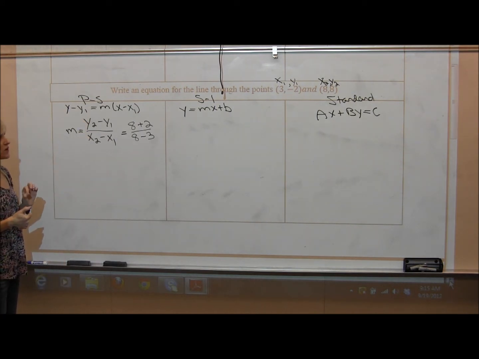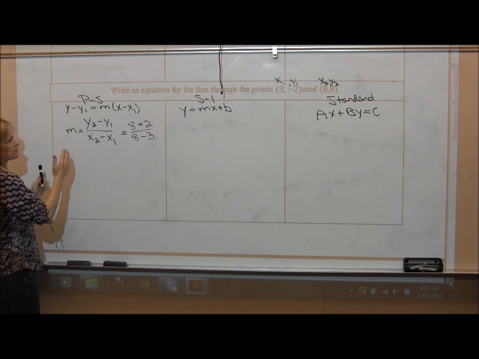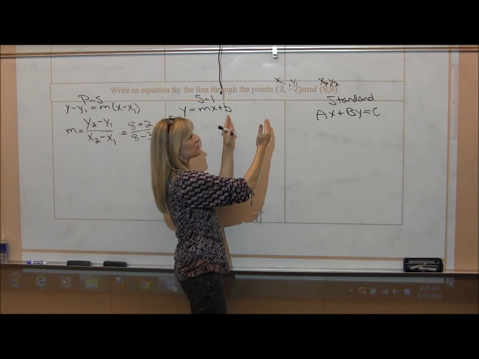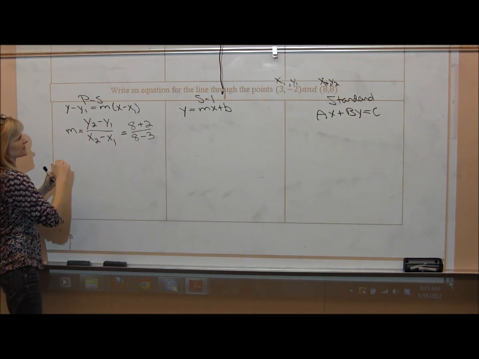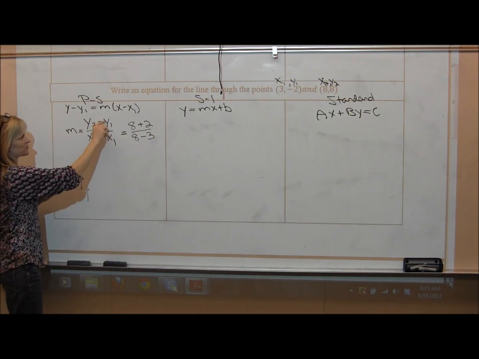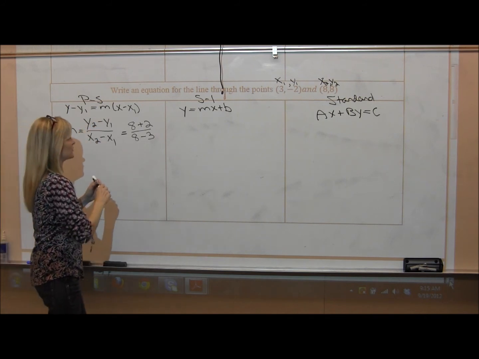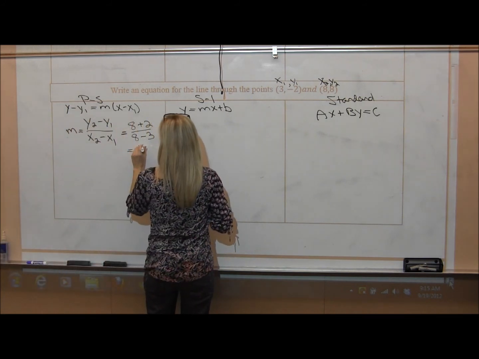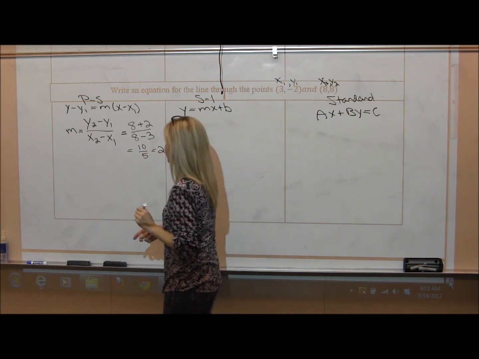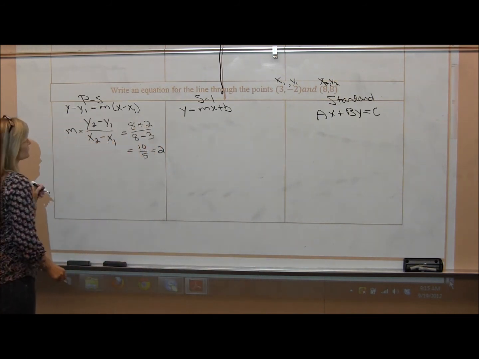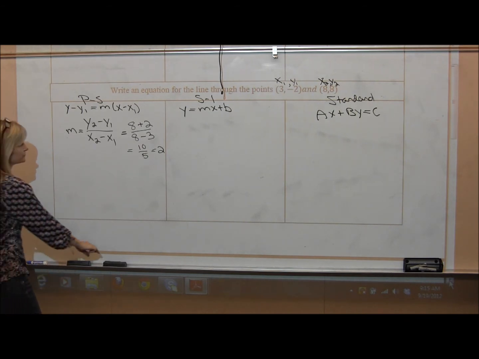Okay, so just really watch you need to make sure you're subtracting in the same direction, both in the numerator and the denominator, and get your x's, your run, this is your rise, in the denominator. So this is 10 over 5, so the slope is just 2. So our slope is 2.